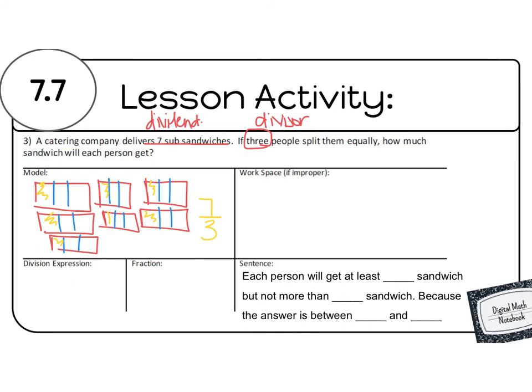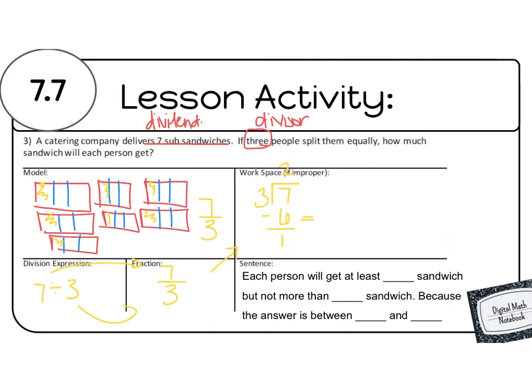In math, this would be 7, because that's our dividend and it comes first, divided by 3. And our fraction would be 7 goes on top, 3 goes on the bottom, 7 thirds. This is improper because 7 is bigger than 3. So let's go over here. 3 goes into 7 2 times, which is 6. We subtract, we're left over with 1.